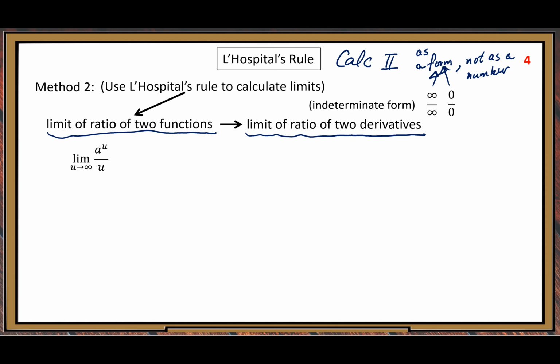Now I show you how to calculate a to the u over u. This is an indeterminate form. I use L'Hopital's rule to show you. This one corresponds to the infinity over infinity indeterminate form, right?